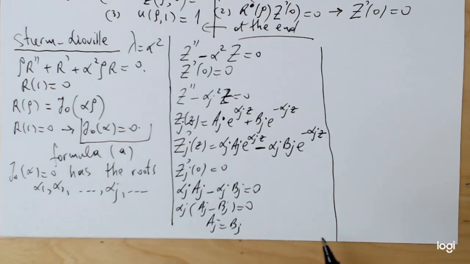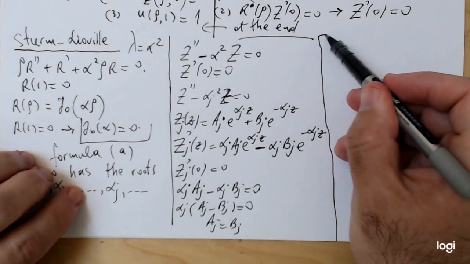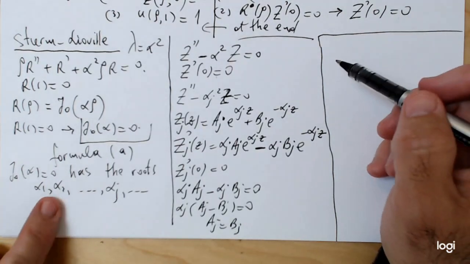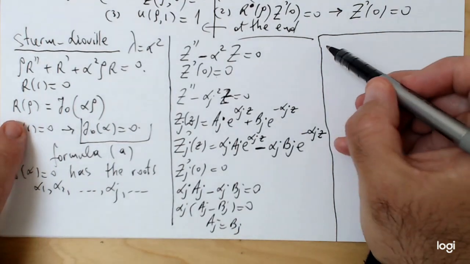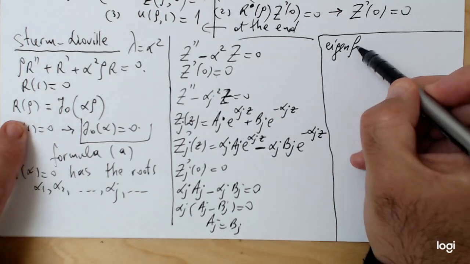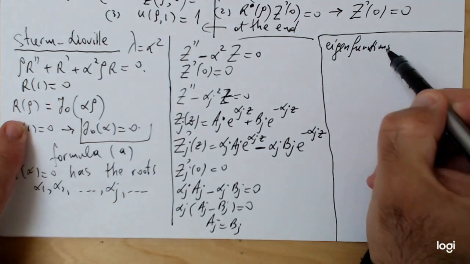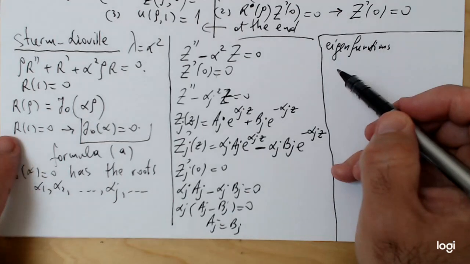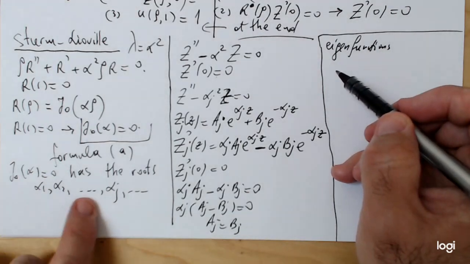So now again, let's wrap this up right before the superposition principle. Again, it's very important to understand this step, which is essentially the same in all of these problems, but it has to be very clear in your mind, right? What are the eigenfunctions? Well, the eigenfunctions are, again, you can at this point label them by j, right? Because you have infinitely many alphas.